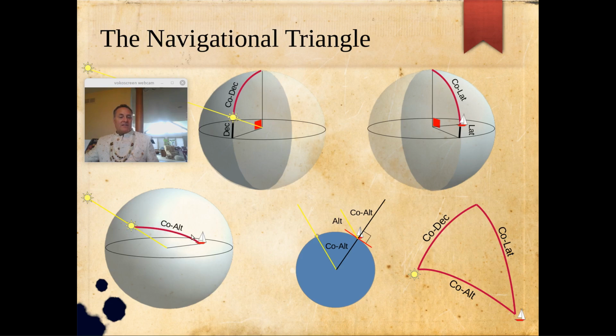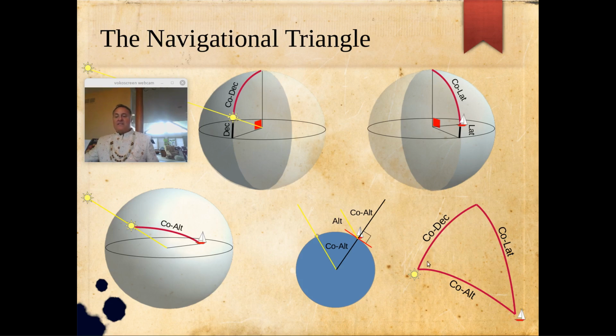It's the distance, the coaltitude is the distance separating the boat and the sun and their geographic positions. And so when you combine all of these three pictures, the co-declination, the colatitude, and the coaltitude, they join with their apices being the North Pole, the celestial location or the geographic position of the sun on Earth, and the boat.